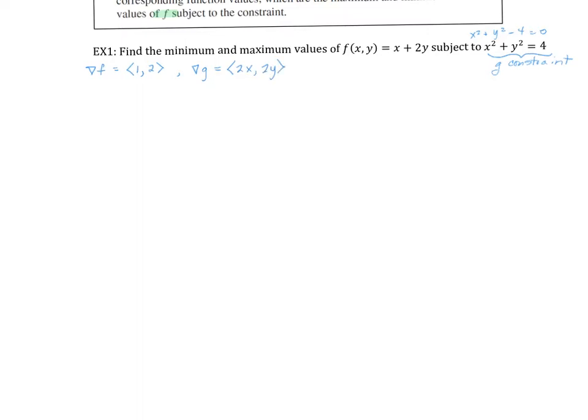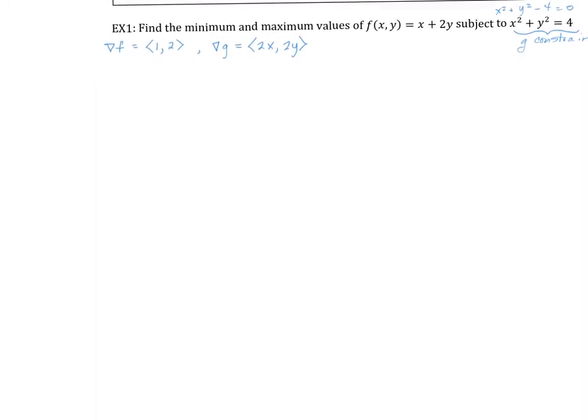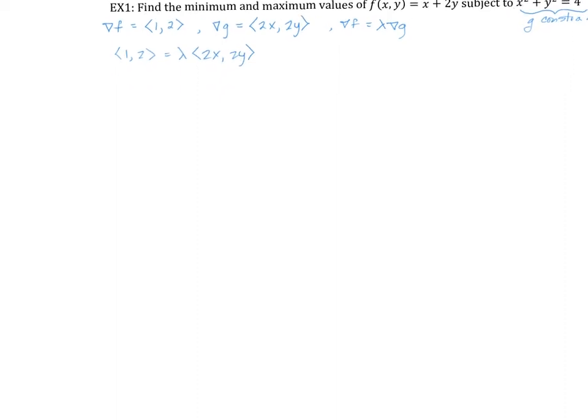So remember that these gradient vectors will correspond to local mins and maxes as long as the gradient vectors are parallel. So that means that my gradient vector of f is going to be equal to lambda times the gradient of g. If I simply set these vectors equal to each other times some lambda, then I can go ahead and set up my equations.